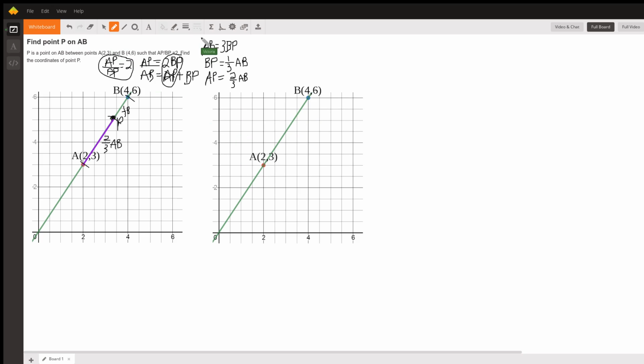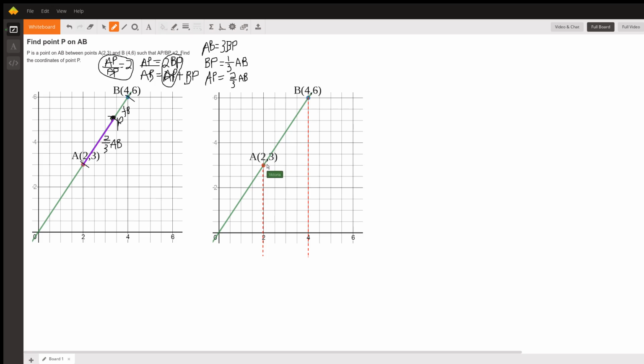If you look at this in terms of just my x's, I want a dashed line. My x's are only 2 units long. They start from 2 and go to 4. And I know that I need to be 2/3 of the way from here to here, which means that my x has to be 2/3 of the way across.